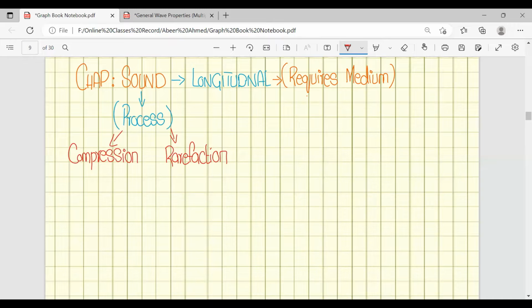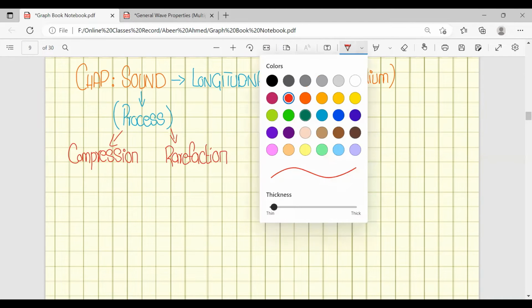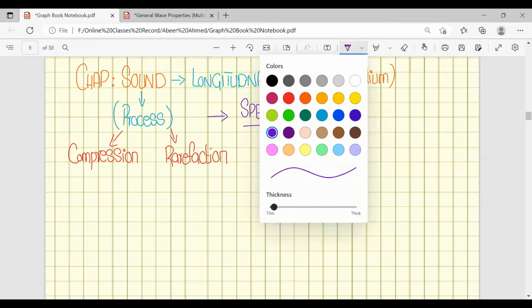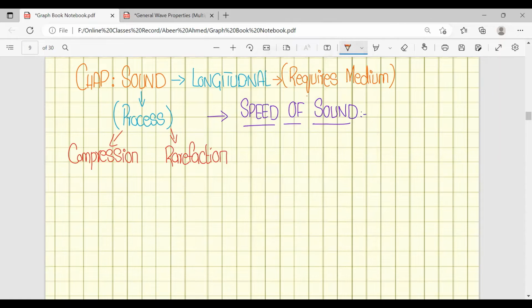Yes. So if we discuss the speed of sound, what will be the speed of sound? Any guess? It's slower than light? Yes, it's slower than light. Very good. So the speed of sound is 330 meters per second.